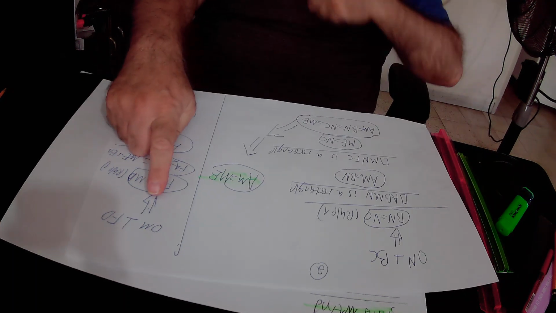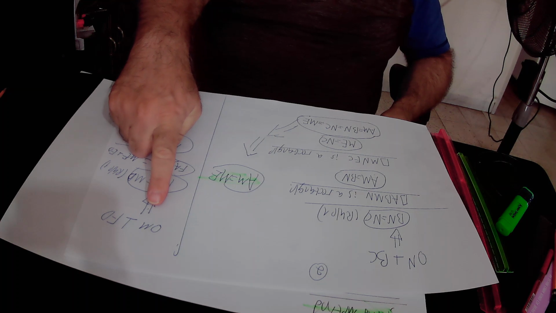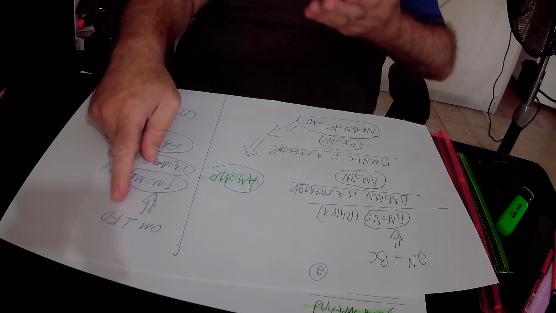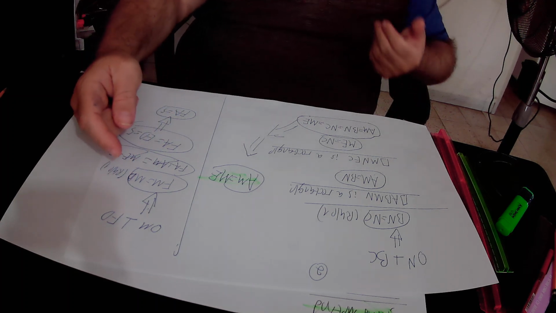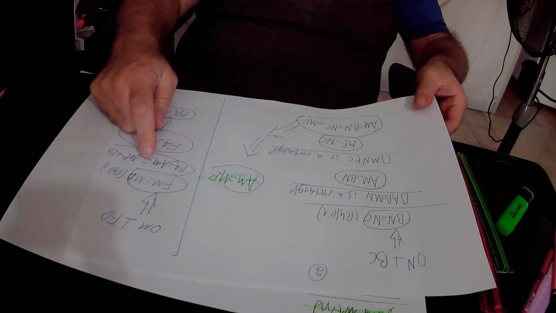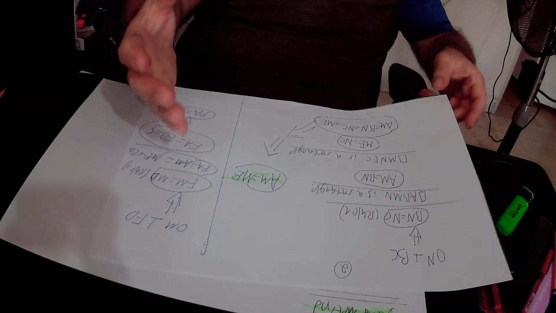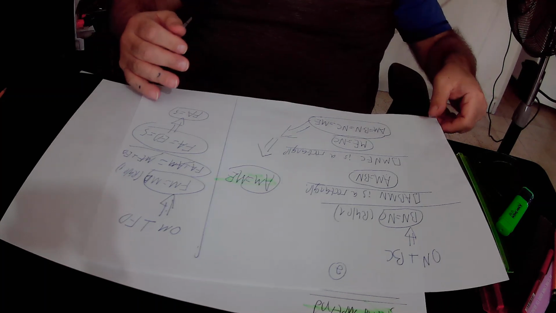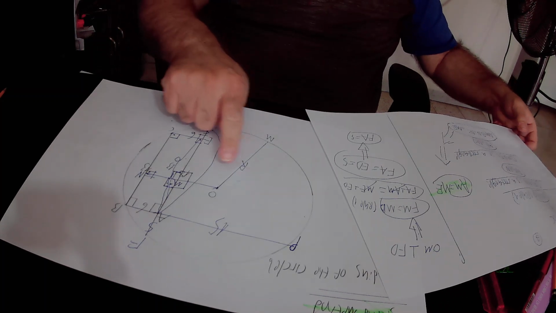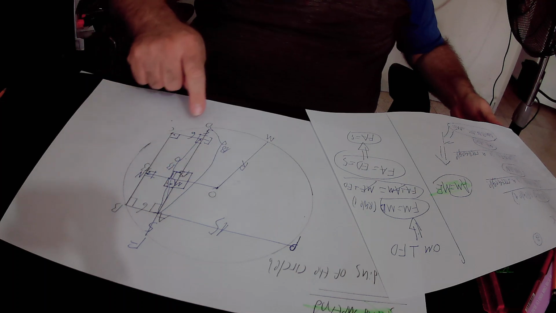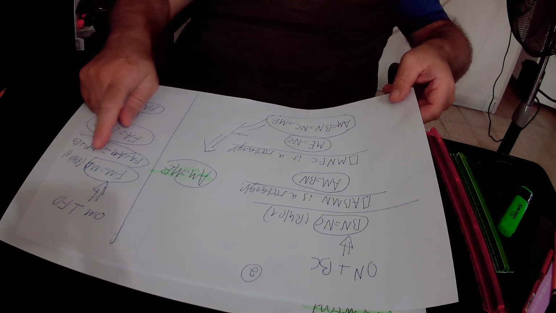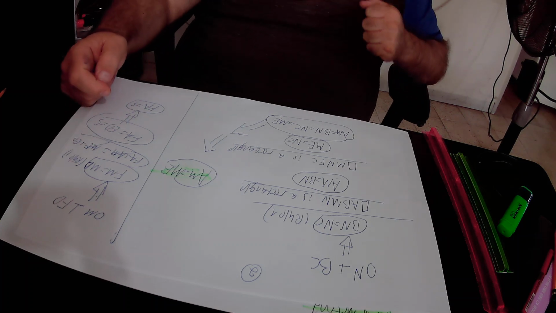Therefore, we can implement here rule number 1, and according to rule number 1, line segment OM bisects chord FD. That is to say, FM equals MD according to rule number 1.